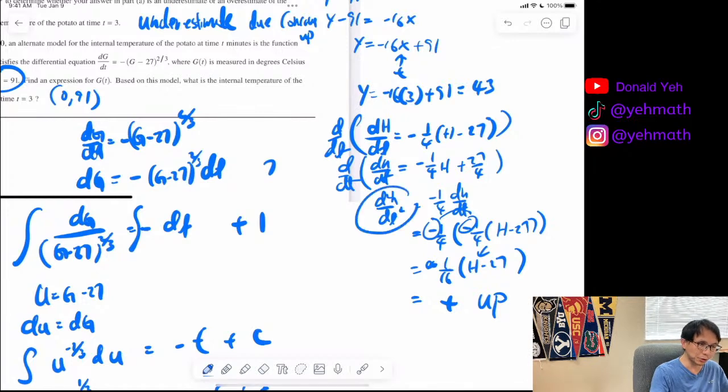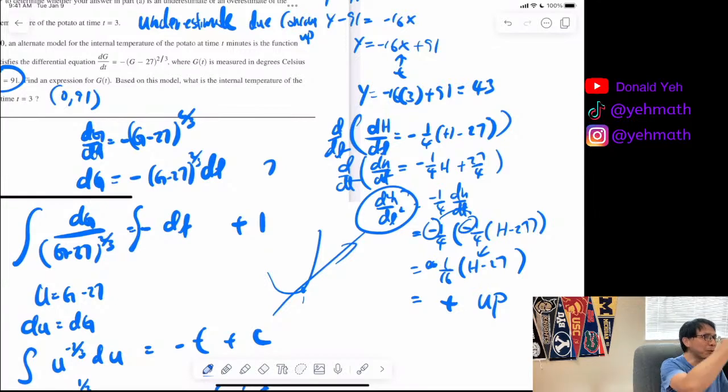Because this is d2h/dt2, that's the second derivative. It's concave up. Think about it: you draw a function that's concave up, and you draw a tangent line. The tangent line is always going to be below the graph. So that way, your tangent line approximation is under the actual graph. So it's an underestimate.